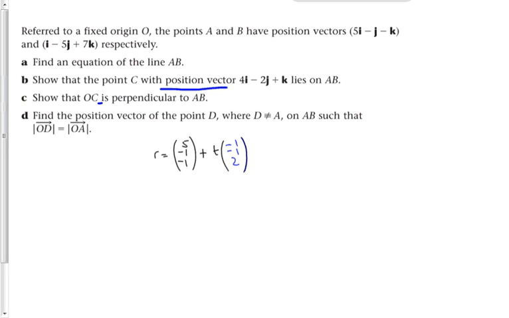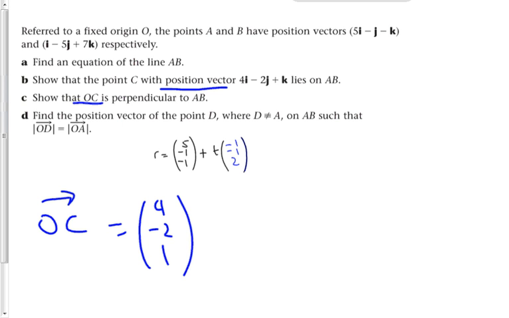The vector OC is the position vector of C, because the position vector is always referred to the origin O. So the vector OC is the position vector, which is equal to 4, -2, 1. We have the direction vector of AB, and we know that when two lines are perpendicular, then the dot product is equal to 0. Fundamental.